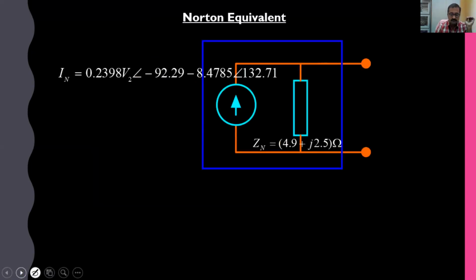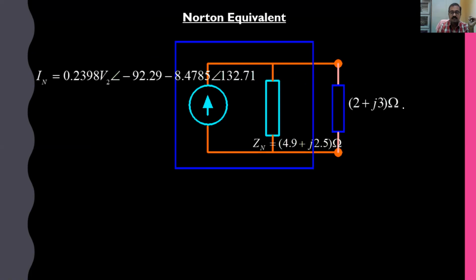This is the Norton equivalent, right? Now, what's the question? The question is to find what should be the voltage V2 so that the current through 2 plus j3 ohm is 0. So you connect it here. When can the current through 2 plus j3 ohm be 0? Only if this current source is equal to 0, correct? Because this is an impedance. So unless this IN is 0, there will be a current through 2 plus j3 ohm.